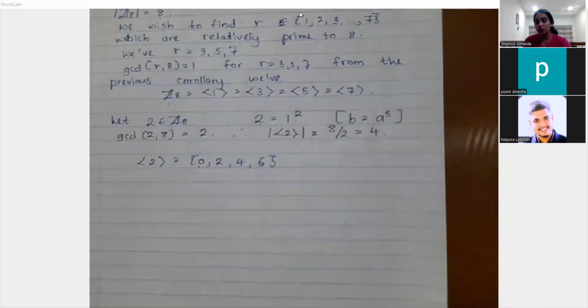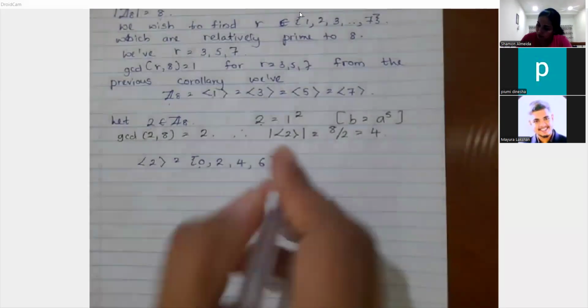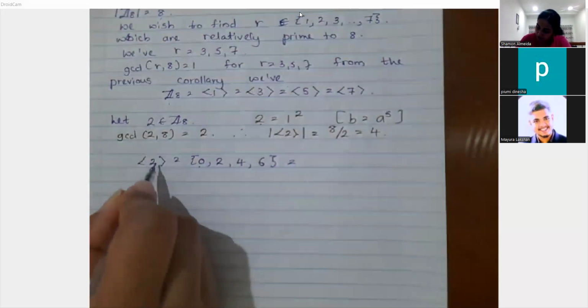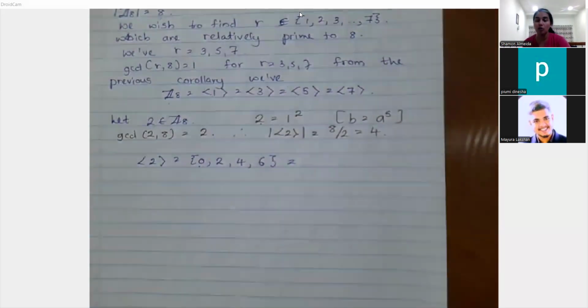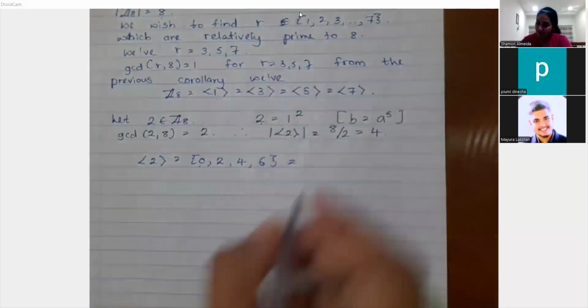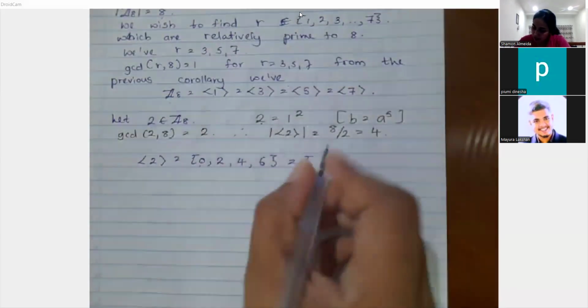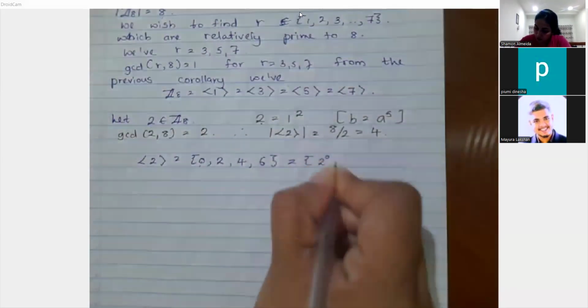So it's a cyclic group on its own, right? The generator for this group is simply 2 under the binary operation addition modulo 8.